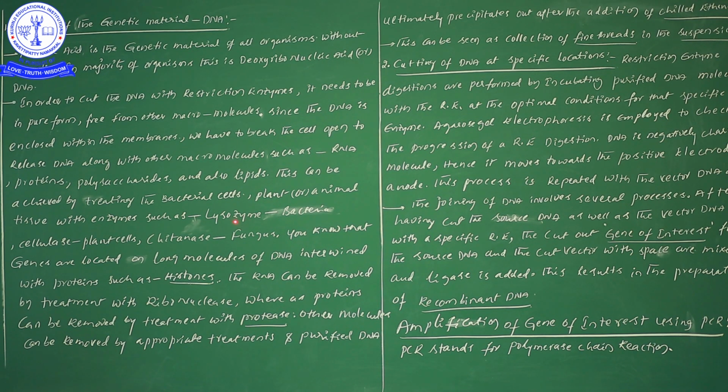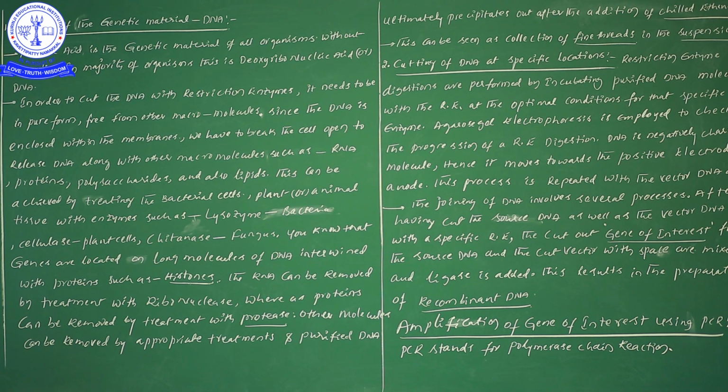One more time: lysozyme enzyme for breaking the bacterial cell wall, cellulase enzyme for the breaking of the plant cell wall, and chitinase enzyme for the breaking of the fungal cell wall. Likewise, various types of enzymes are involved in breaking different types of cell walls.